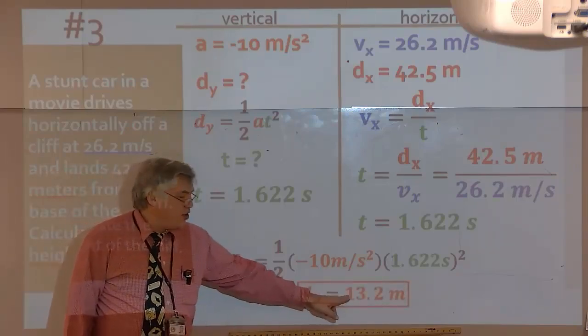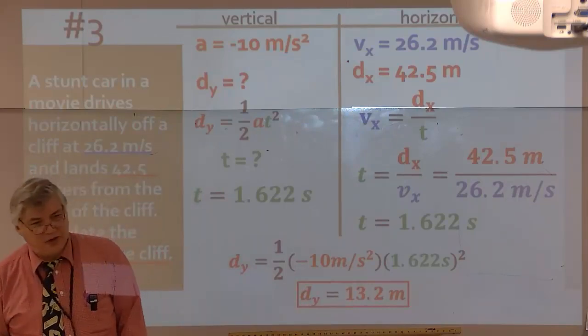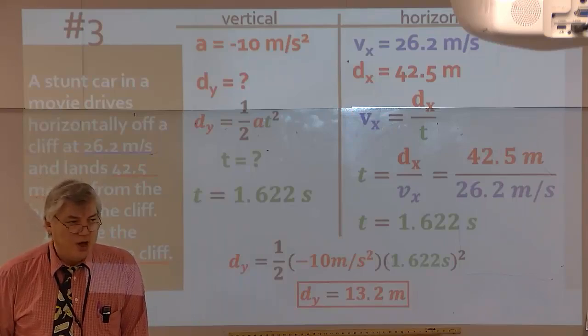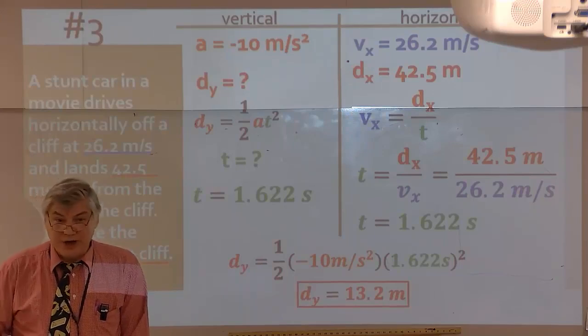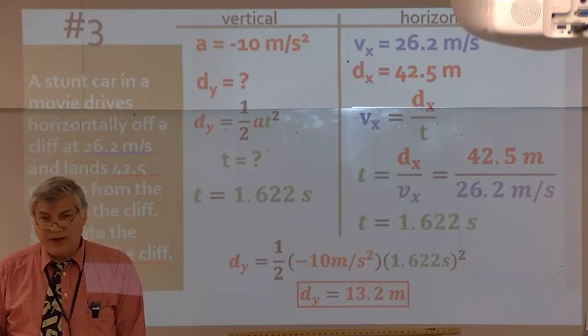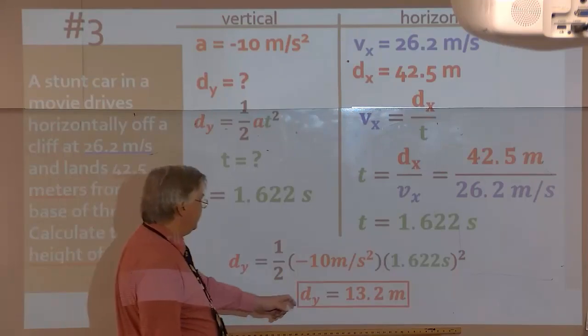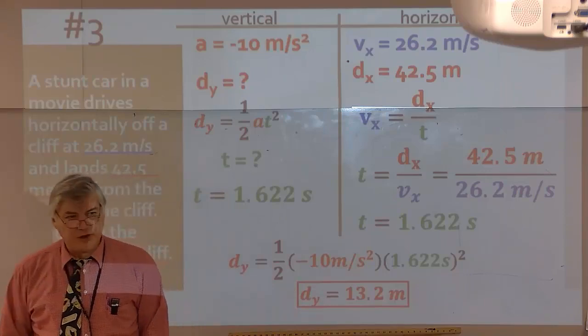And I'm going to say 13.2 meters because a cliff is minus 13.2 meters high, is it? We don't talk like that. We say 13.2. But really the calculation shows that it's negative, below my starting point because my starting point was at the top of the cliff. So your answer would be negative, but I changed it just because.